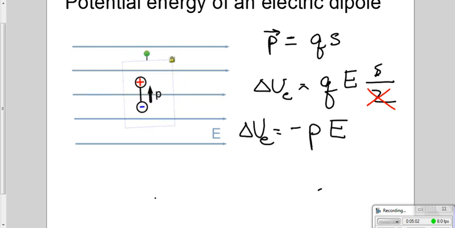But it'll get lower this way by the same amount that it gets higher if I rotate it the other way. So what you'll see written usually is the potential energy compared to what you're seeing there when it's at its perpendicular spot can be written as negative P dotted with E. Now the dot product, remember, accounts for the direction between each of those vectors.